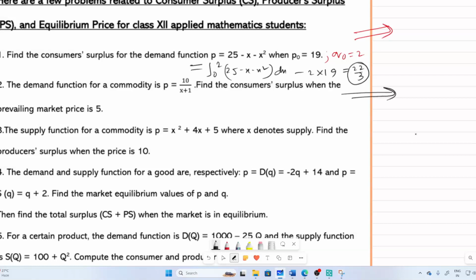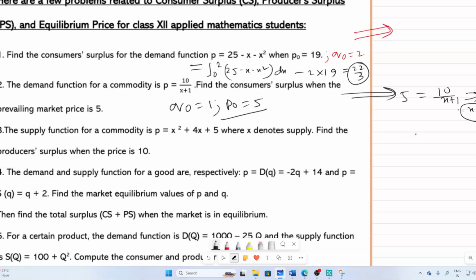They have given the prevailing market price, it means the value of P0 is 5. So 5 equals 10 by X plus 1. This implies X plus 1 equals 2, so X is equal to 1. So Q0 equals 1 and P0 equals 5.